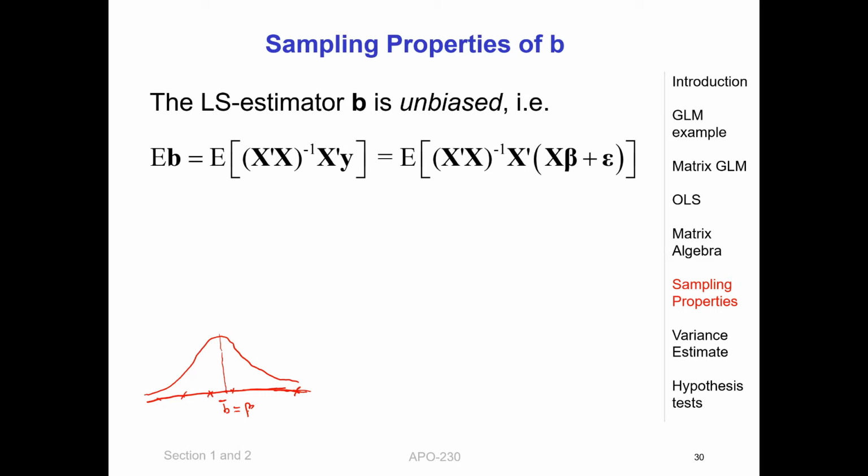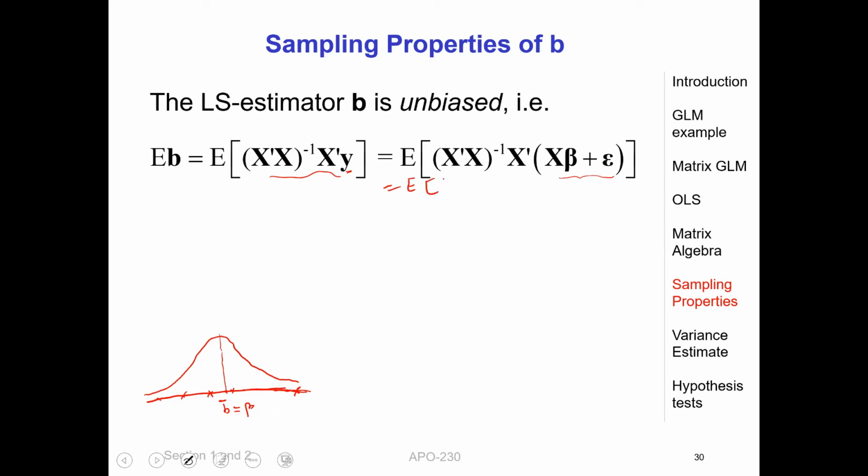We can see this by taking the expectation of the solution from our minimization problem before, for B, and then replacing Y here with X beta plus epsilon, because that's the specified linear model that we've been working on. Here I could even distribute this bracket out.